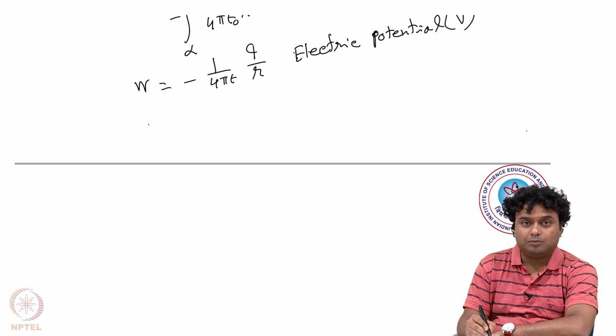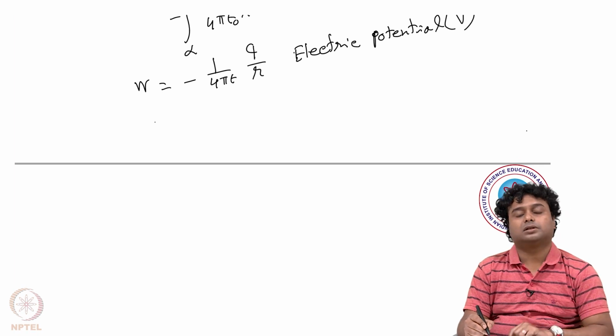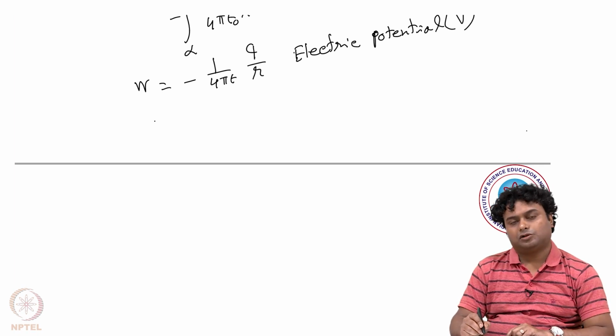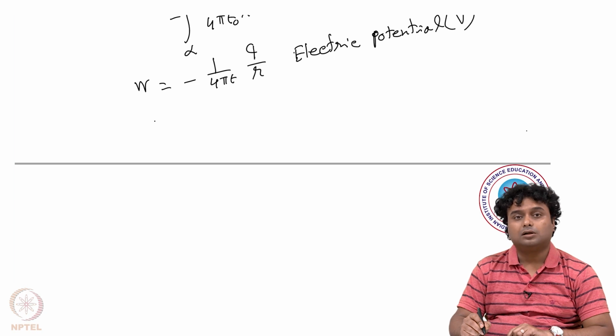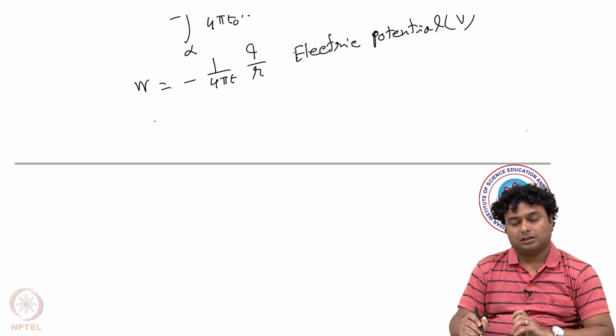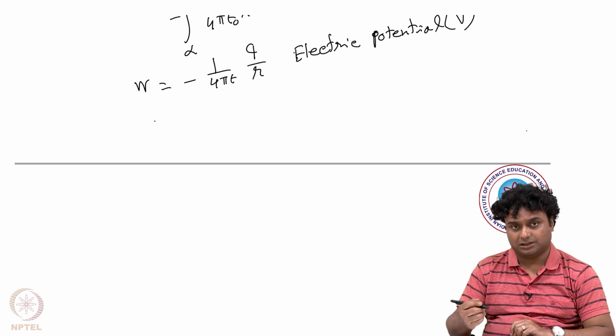Another important concept you need to understand is that this electric field or potential we are calculating is for open or free space, where there is no material. But if we have a material like some metal or dielectric, then depending on the material properties there will be some kind of polarization.